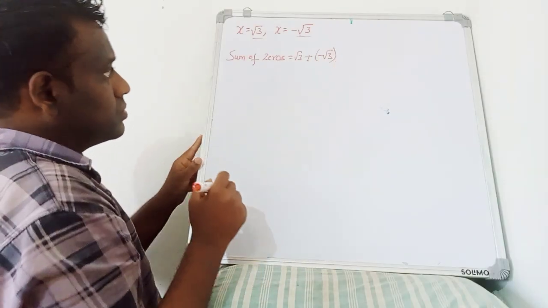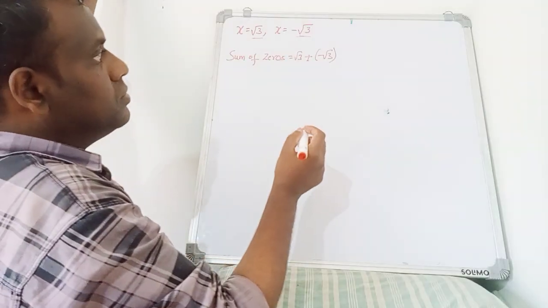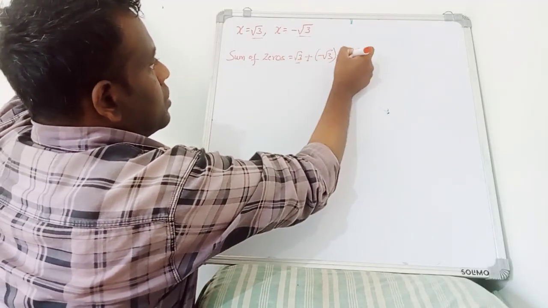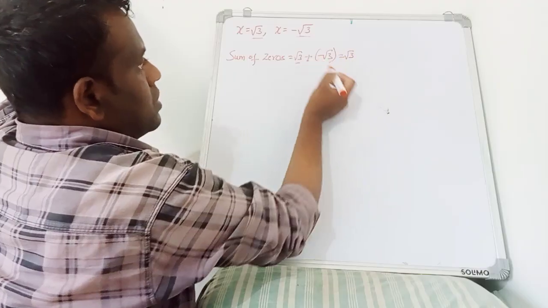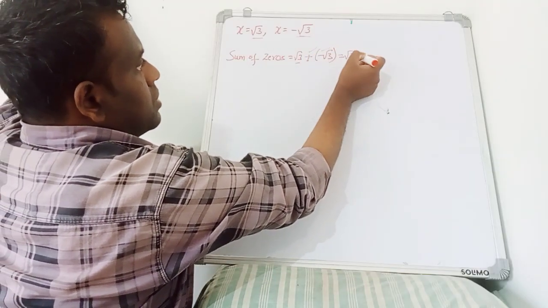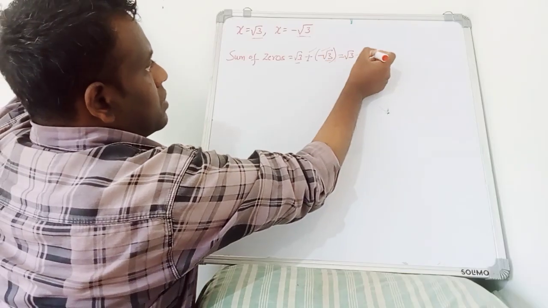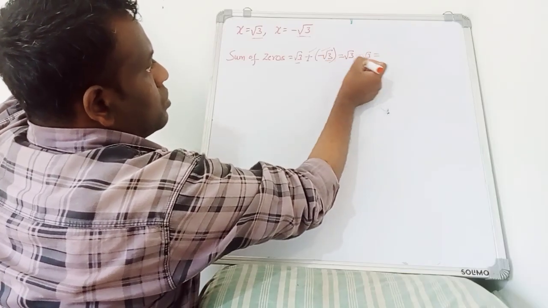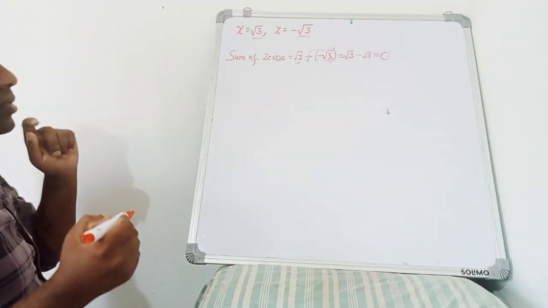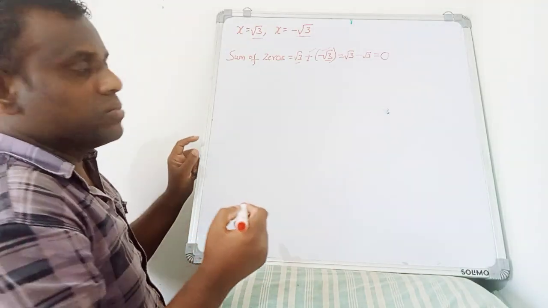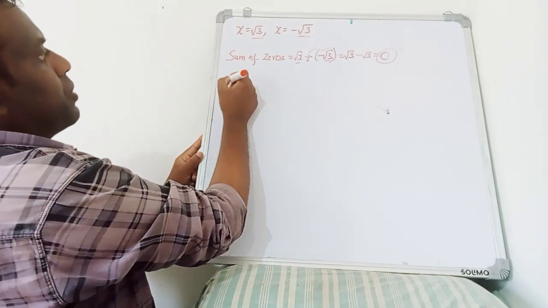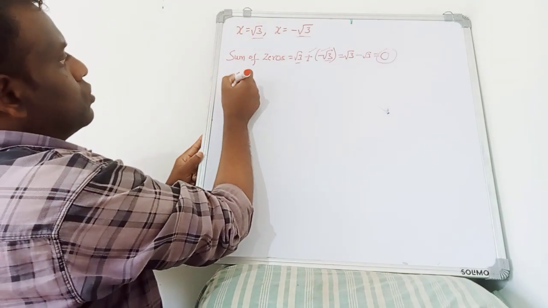In the next step, consider the signs, plus into minus, minus, then root 3. So root 3 minus root 3 will become 0. So we got the sum of zeros. Remember this.